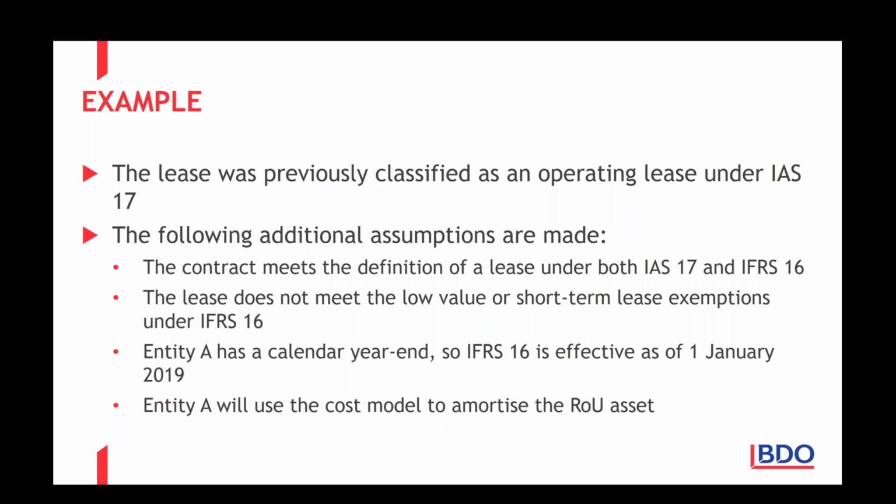Entity A has a calendar year end. So effective date or date of initial application is 1 January 2019. And remember, we entered into this lease 1 January 2017, 2 years ago, and it was for 10 years. And entity A will use the cost model to amortize the right of use asset. So cost model, you'll amortize the cost of that right of use asset over the expected useful life of the asset. And if the lease term is shortened, then the expected useful life, that shorter term.